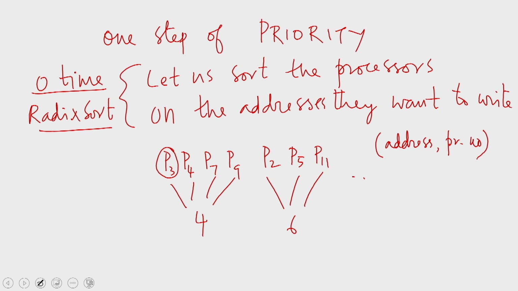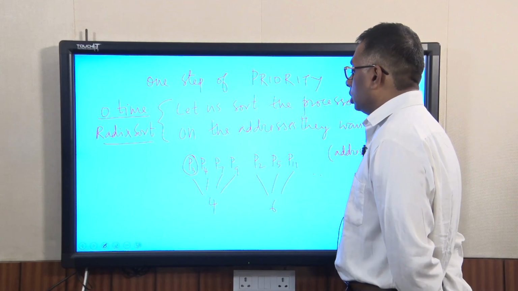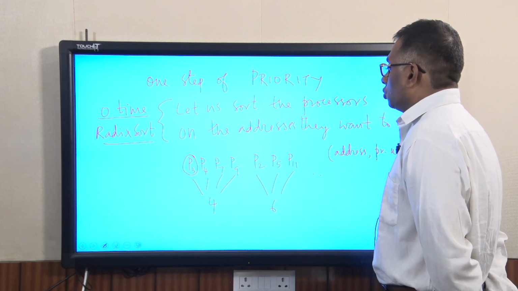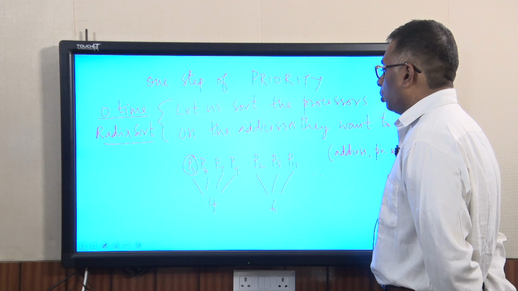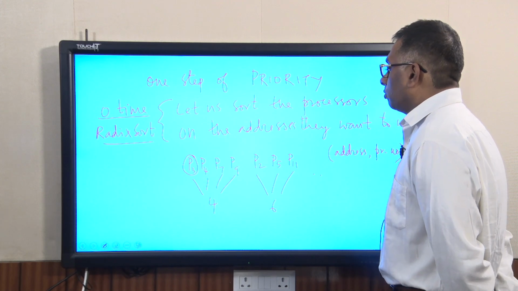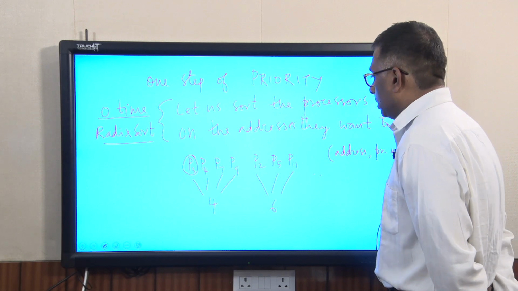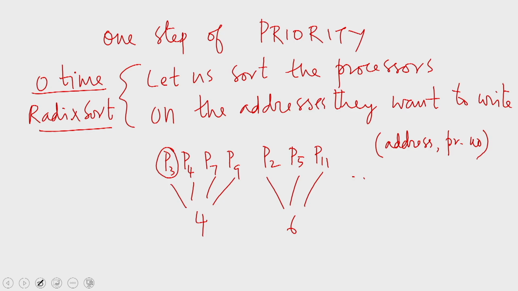For example, we would have P3, P4, P7, P9 in this order, because we are effectively sorting the ordered pairs 43, 44, 47, 49. Then we only have to pick the smallest processor index out of all the processors that want to write in the same memory location. So P3 will be selected from this set, P2 will be selected from this set, and so on.